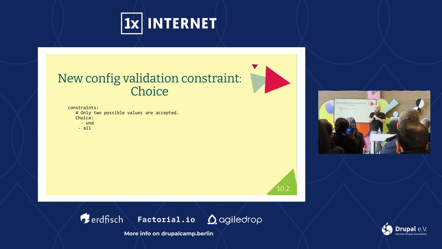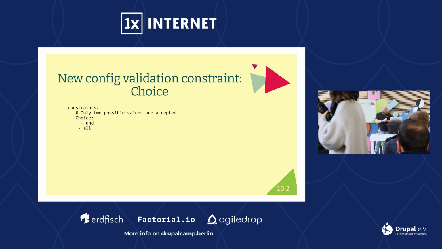Node previews are one example. It can be 0, 1, or 2. So that's a choice of those 3 things. It means no preview allowed, preview required, or preview optional. Yes, exactly. Those 3 options.